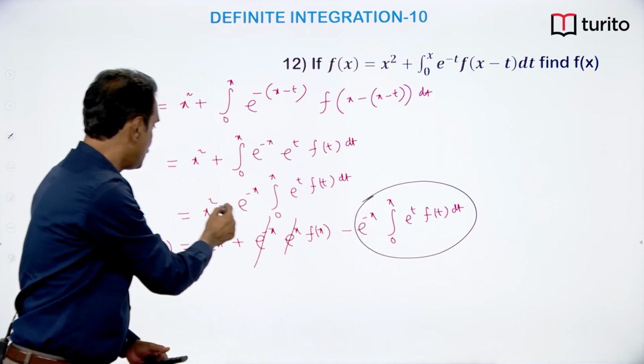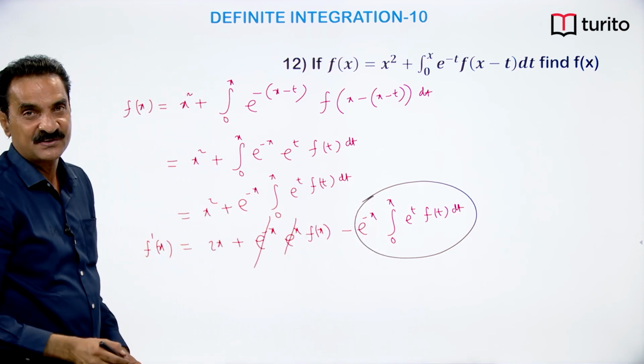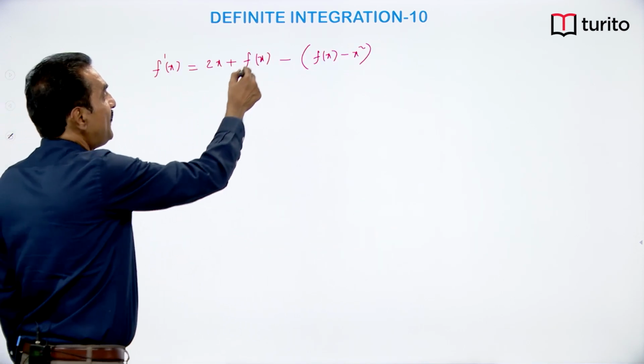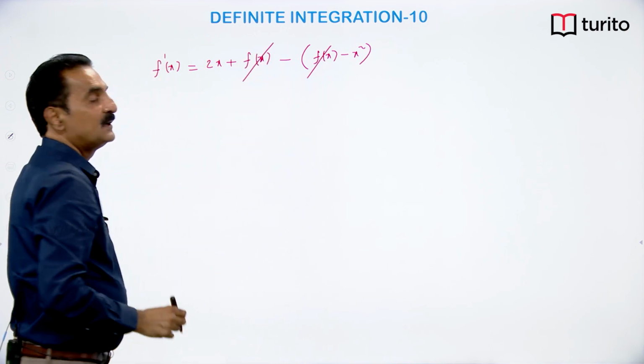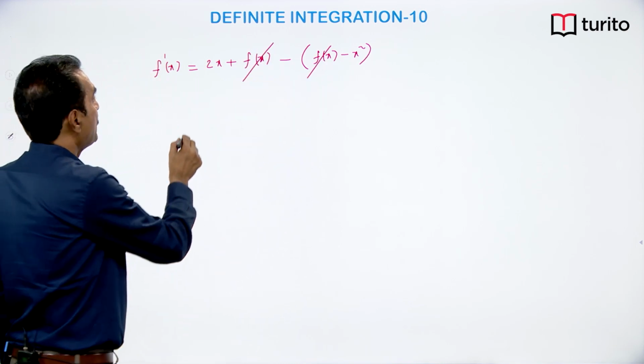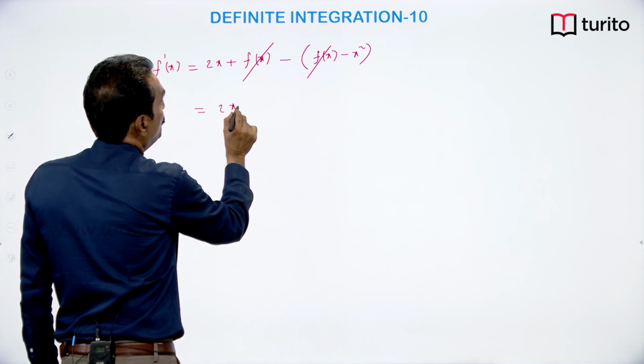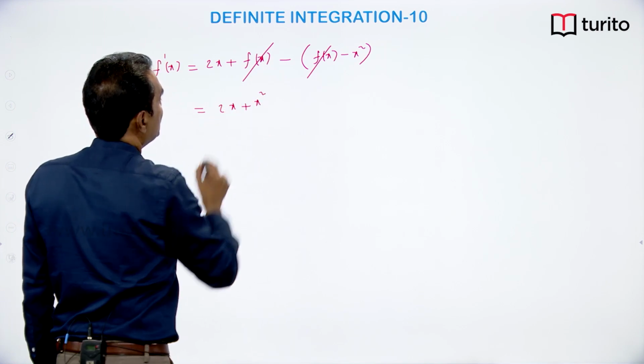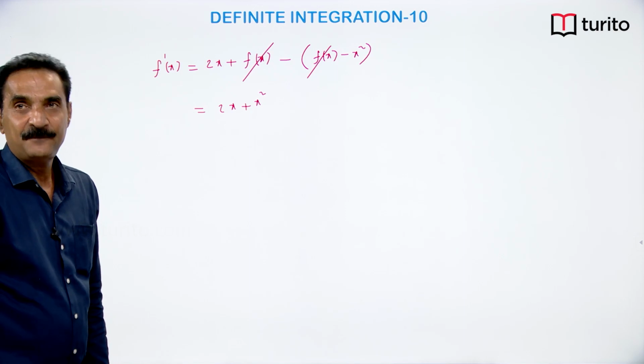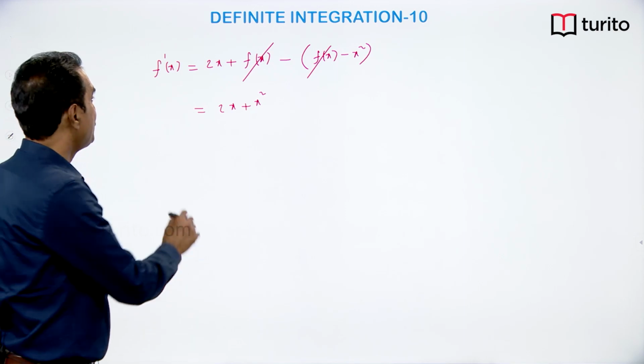This is equal to f of x minus x square from the previous step. Now, f of x cancels, we get f dash x is equal to 2x plus x square.